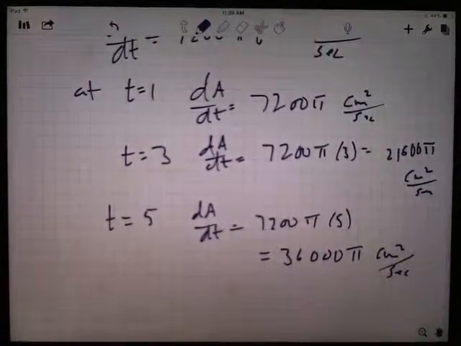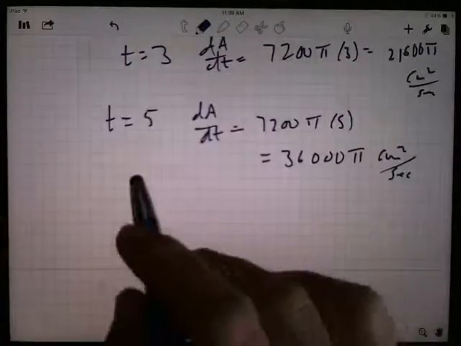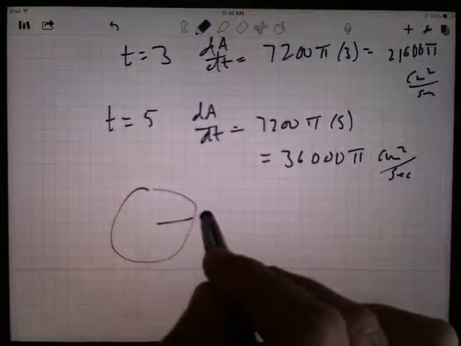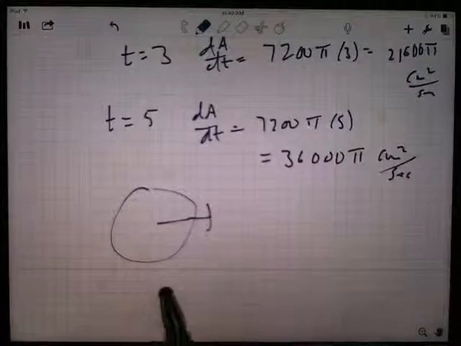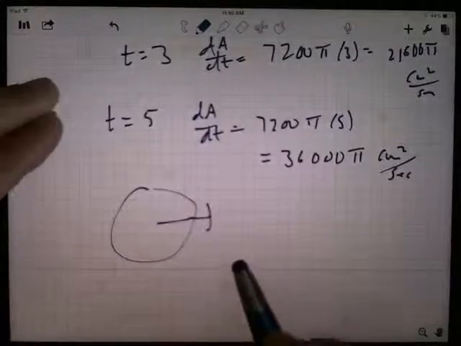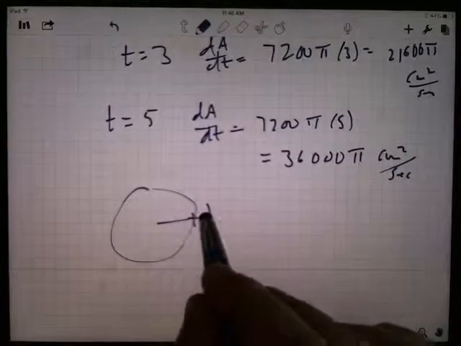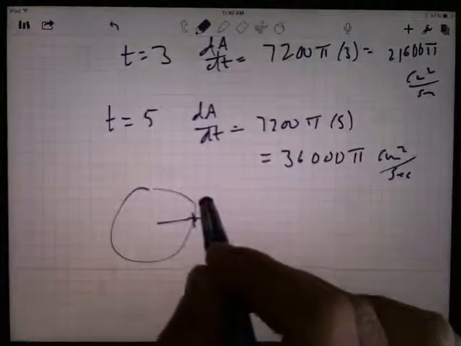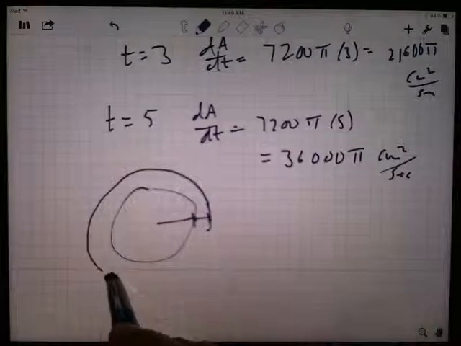It seems that as time goes on, the area is changing faster. Well, I think that makes some sense if this circle is gaining the same amount. So if every second you gain 60 centimeters, then if the radius is here and you gain 60 centimeters, all of this area is the new area.